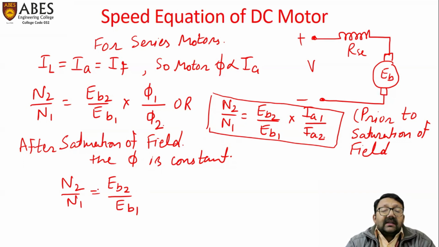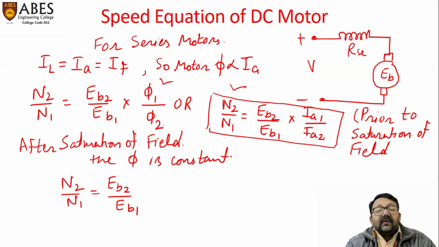So in that case, the series motor, depending upon the saturation state of the field winding, has two different speed equations. If the motor is acting prior to the saturation of field winding, then the variation of flux with armature current is considered, and in that scenario, either this equation or this equation is utilized in order to determine speed at two different values of armature current.